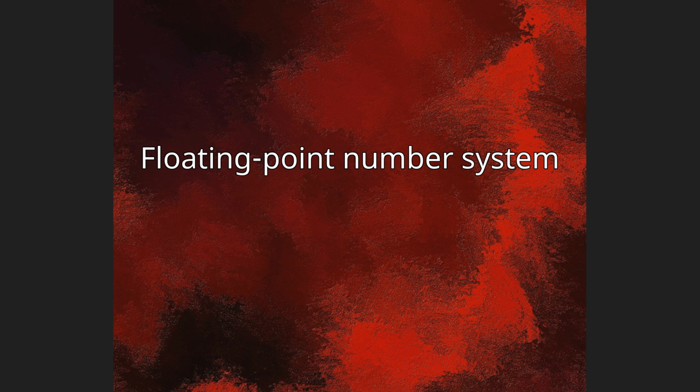Floating point number system. Compared with the fixed point number system, the floating point number system is more efficient in representing real numbers, so it is widely used in modern computers.